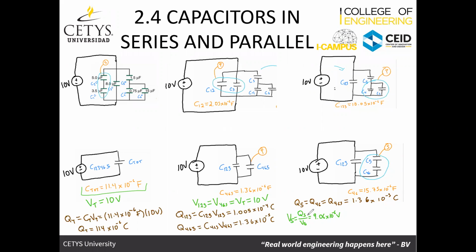We should be dividing the charge, which is 1.36 times 10 to the -5, divided by the capacitance. Divided by the capacitance number 5, and the capacitor number 5, we had it over here, is 1.5 microfarads.